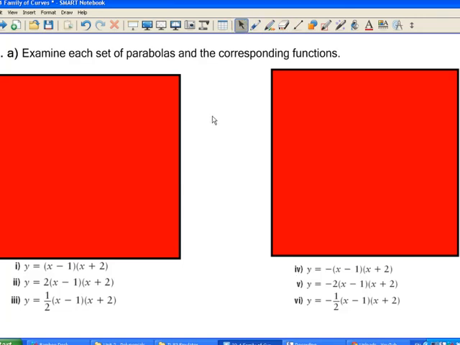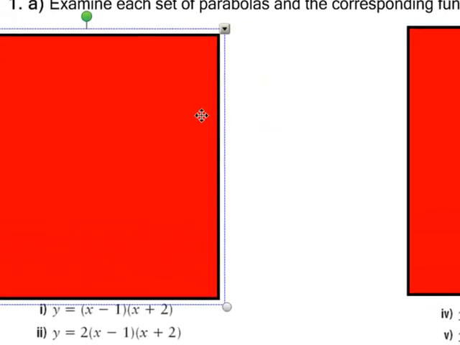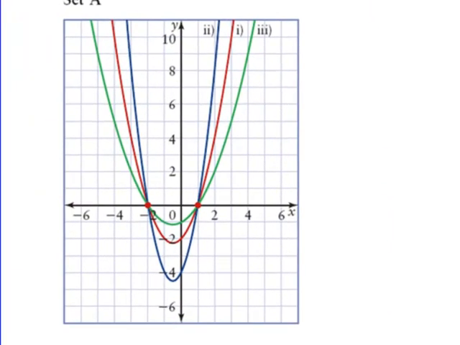So now you've taken the time to graph those functions. Let's compare the first 3. If we look at my graph, I've got my 3 functions plotted, and we can see that even though these 3 functions are different, they're all passing through the same x-intercept.